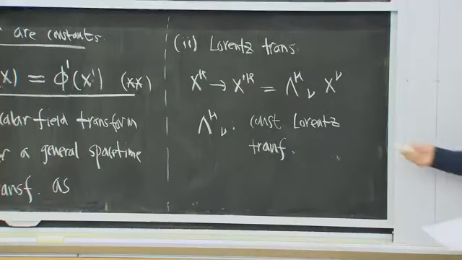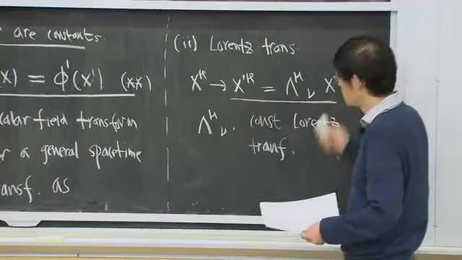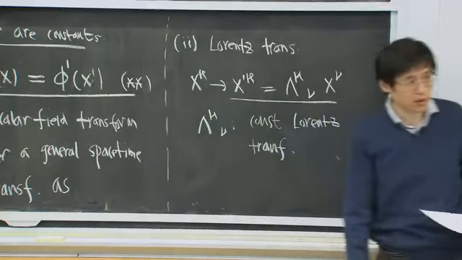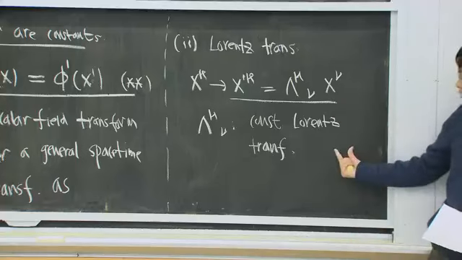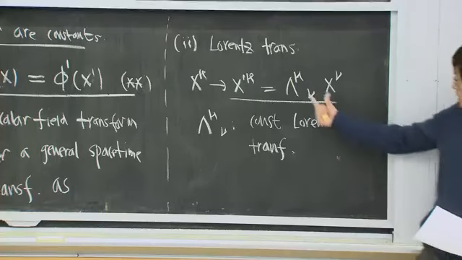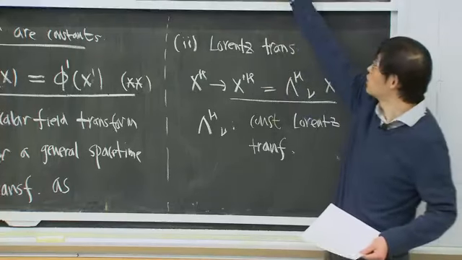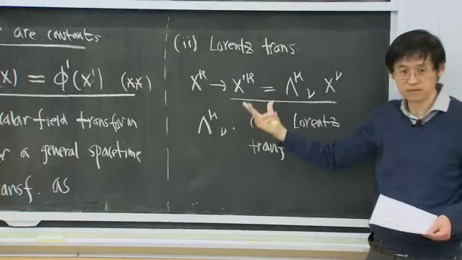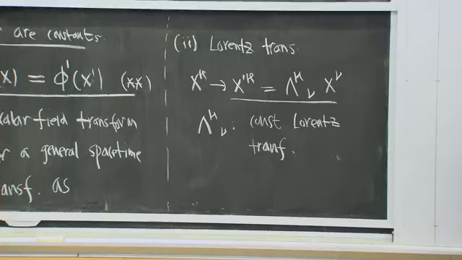And again, under such a coordinate transformation, phi should transform this way. Now you can check yourself, and because of this contraction of partial mu, this is actually a symmetry. Again, this is left as an exercise for yourself. And in fact, I think in your problem set, you will do something similar.